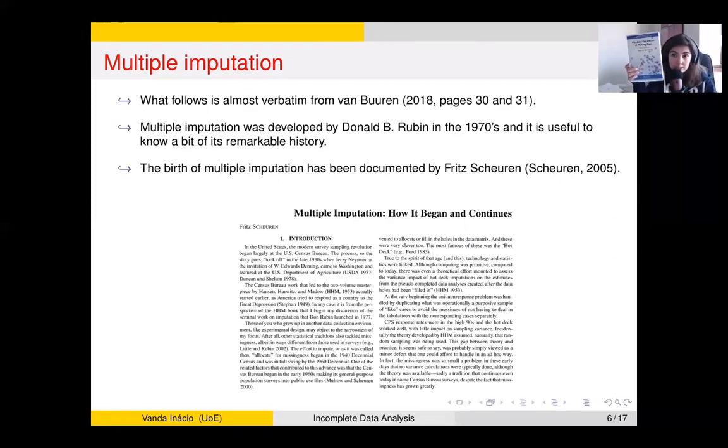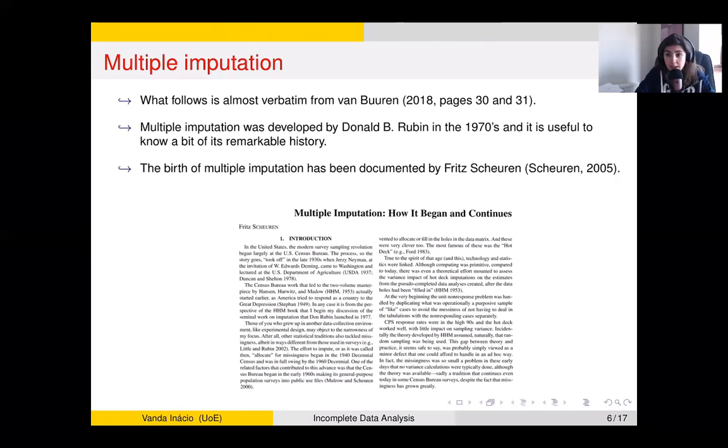The book is Flexible Imputation of Missing Data. It's on our reading list, and I'm almost certain that you can access it online through the library. Multiple imputation was developed by Donald Rubin in the 70s.